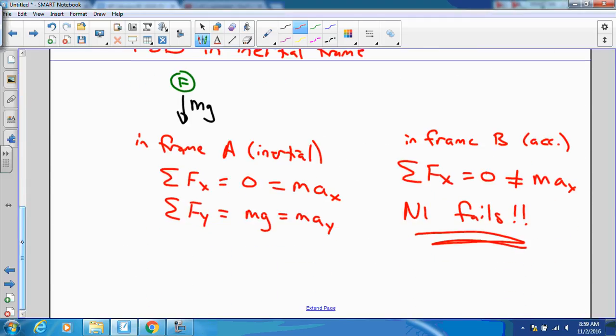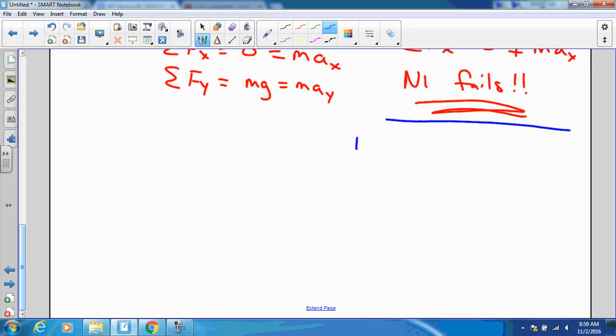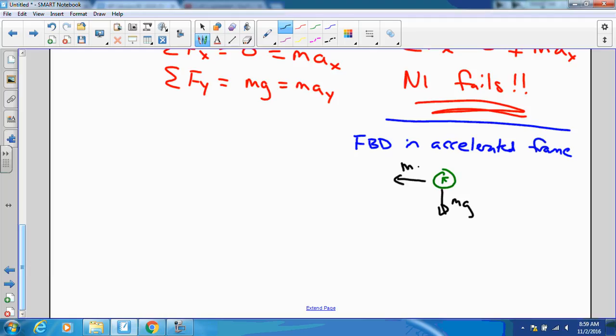So that if I want to do a free body diagram in the accelerated frame, what I can now do for our frog is have mg pull down the frog like so, and I can have a fictitious force ma that is pulling in the opposite direction of the acceleration of the reference frame.